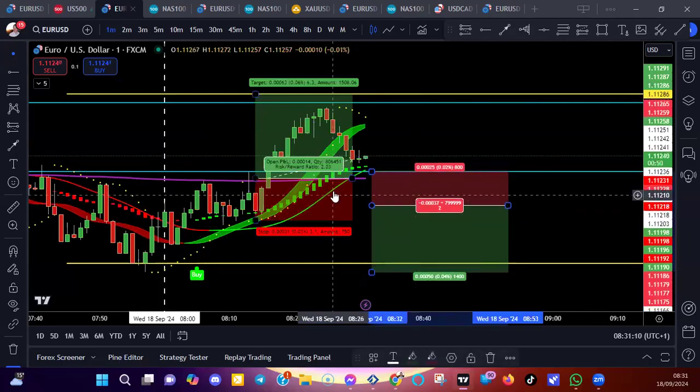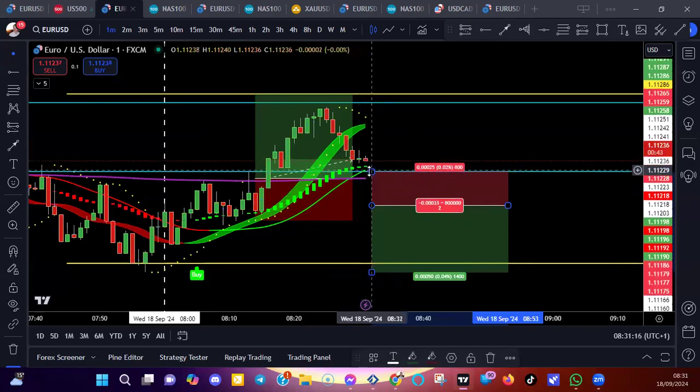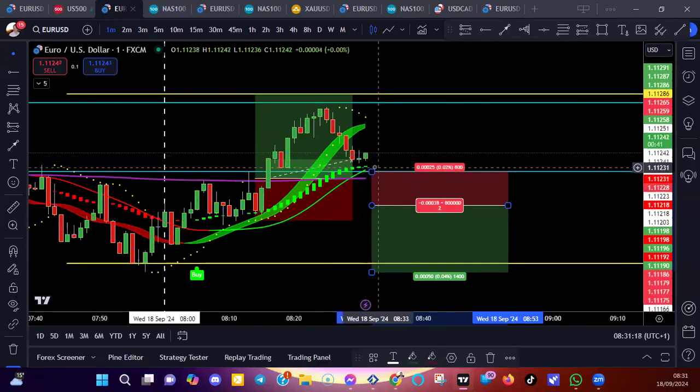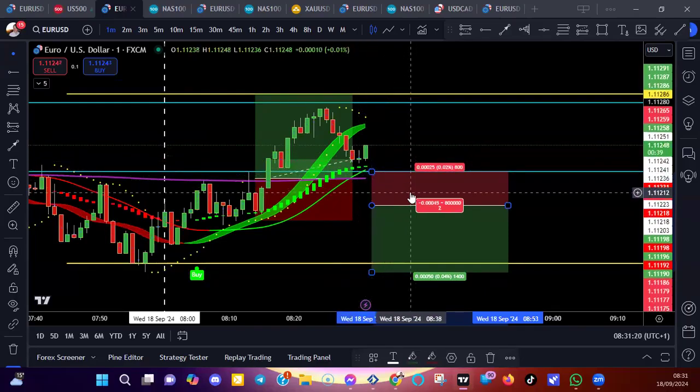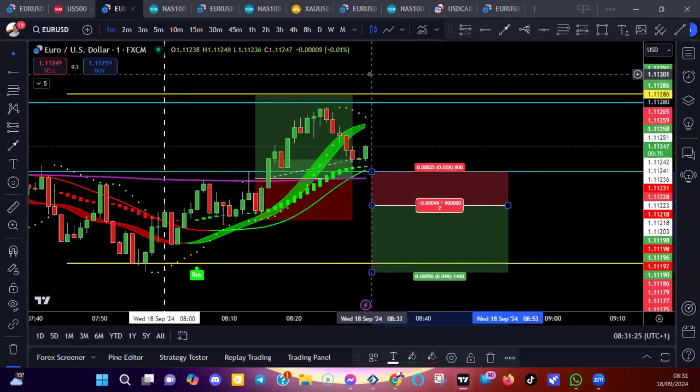So there, we do get a sell alert. That is waiting for the trend line to turn red, and it's actually mixed with the wave now. And for that to turn red, sell alert.